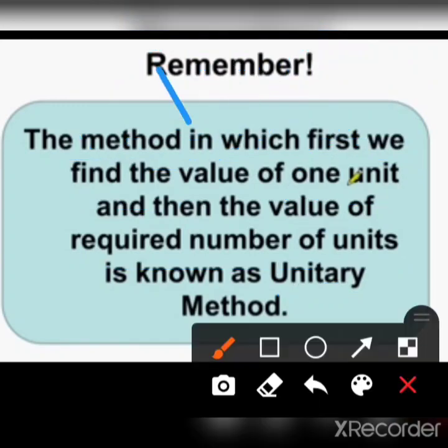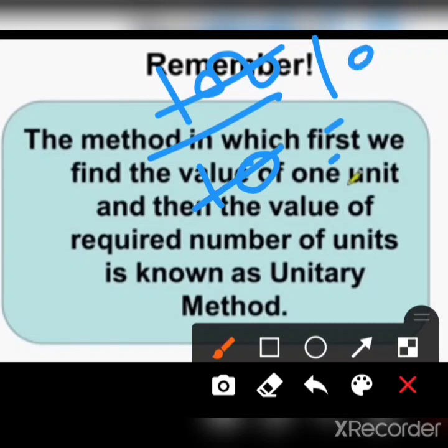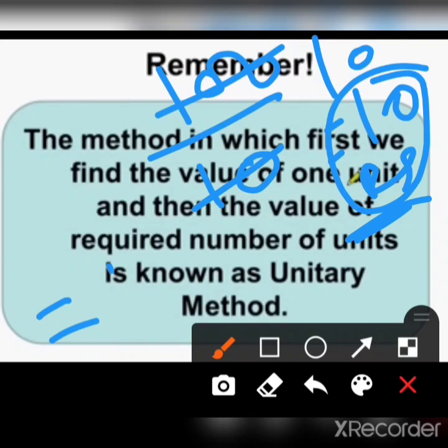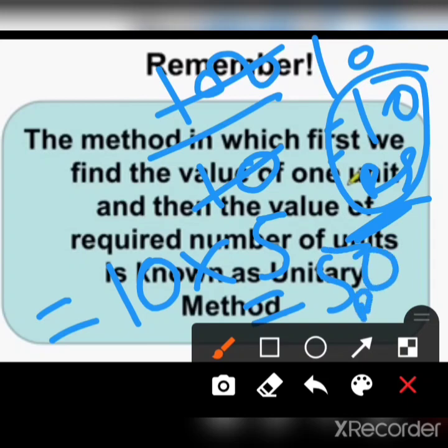Dividing 100 by 10, that is rupees 10. It means the cost of 1 pen is equal to rupees 10. Then we have to find the cost of 5 pens: the cost of 1 pen is 10 and the number of pens is 5. 10 multiplied by 5 is equal to 50 rupees.